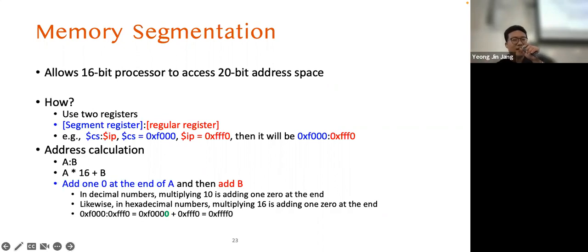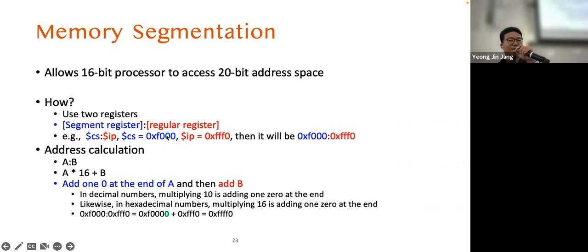If you think multiplying by 16 is complex, it's not complex in hexadecimal. For decimal numbers, multiplying by 10 just means adding 0 at the end. The same thing happens for hexadecimal: multiplying by 16 means adding 0 at the end, and then adding the rest.